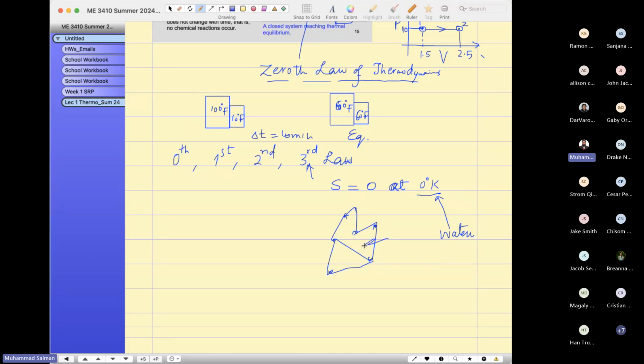And it is very, very difficult for us to drop the temperature to 0 Kelvin. 0 Kelvin means, you know what it means? It is negative 273 Celsius. And at that point, entropy is zero. This is just a brief overview of the third law of thermodynamics.